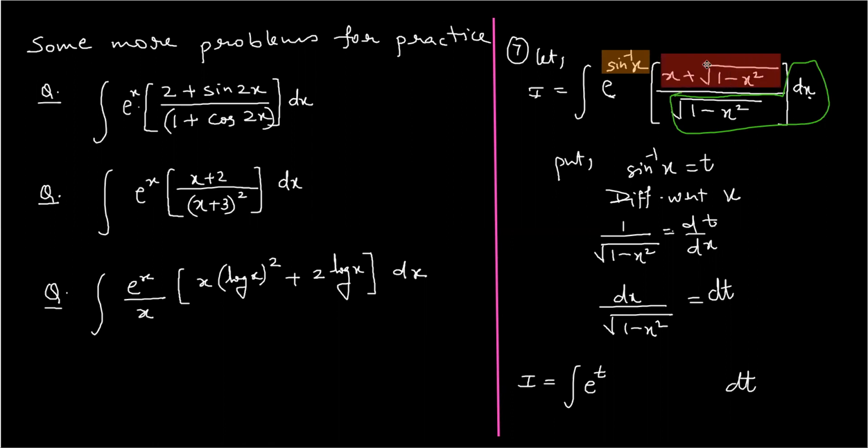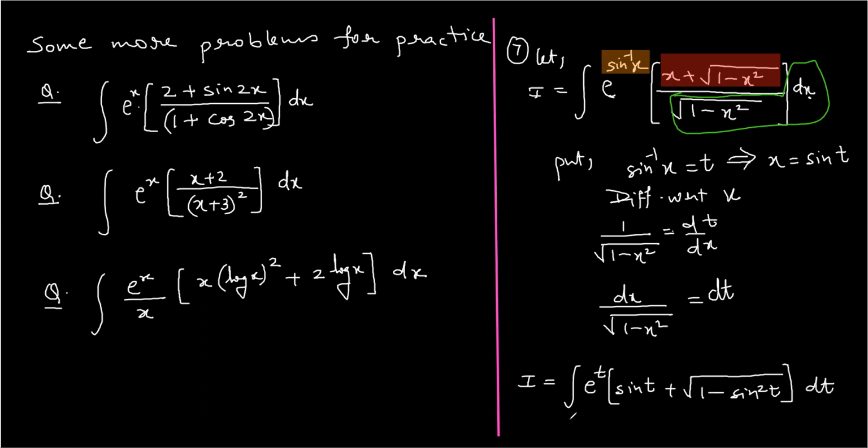So for that, from here I understand if sine inverse x is t, then x is sine of t. So now I write here sine t plus square root of 1 minus sine square t, and then here I have dt.